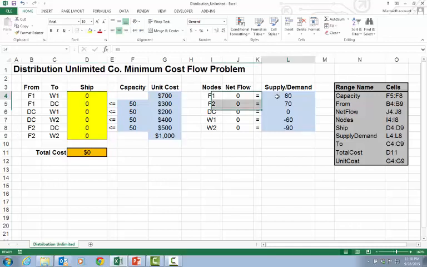First of all, we must meet the net flow for each of the nodes. So in other words, we must have 80 units that come out of Factory 1, and we must have 70 units in total that come out of Factory 2. Similarly, for the demand side, we must have 60 units go into Warehouse 1 and 90 units go into and be absorbed by Warehouse 2.